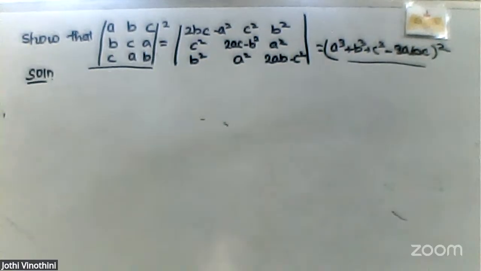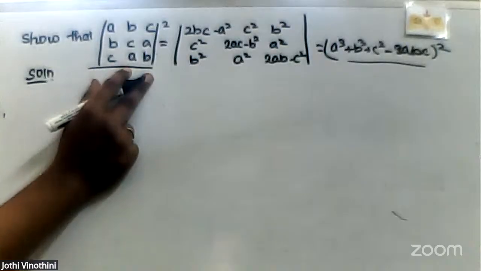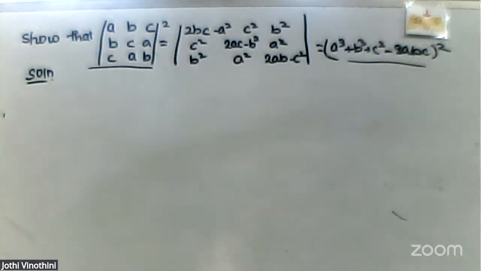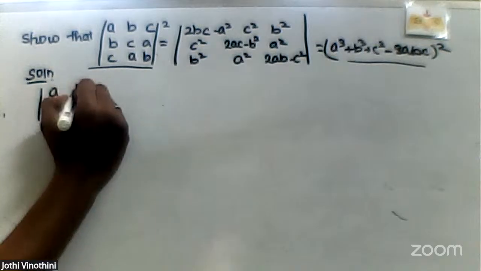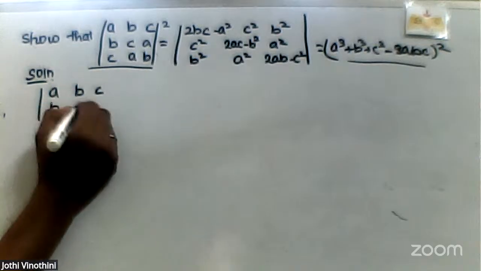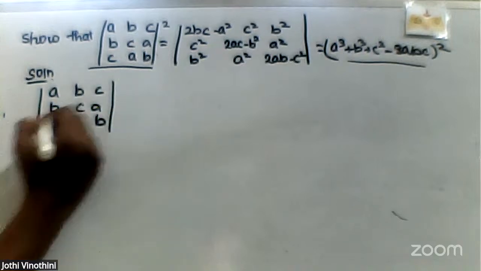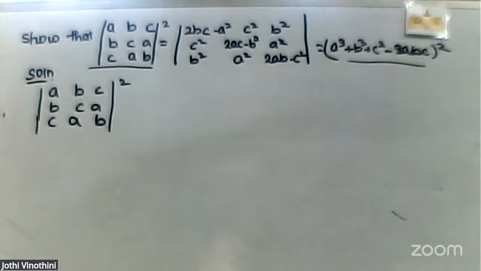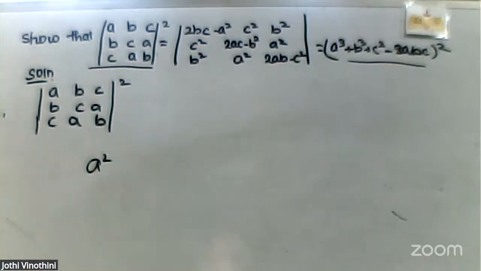Okay. The next step is I'm simply going to take this one, right? So I'm simply taking A, B, C and B, C, A, C, A, B, the whole square. So if it is A squared, what will we write? How will we expand?